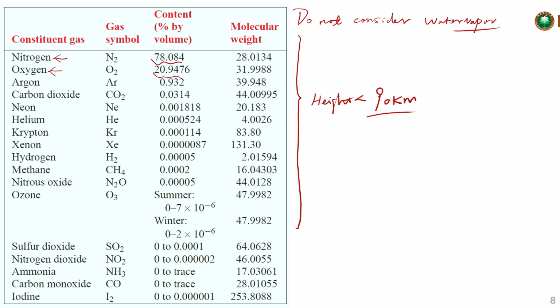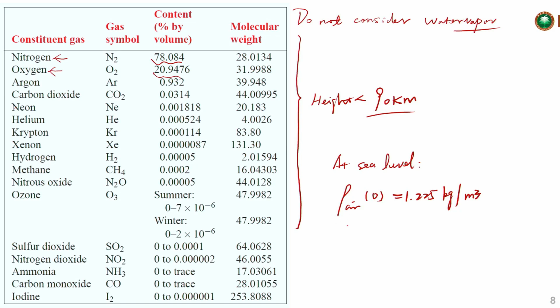So at sea level, where the height equals 0, the air density is around 1.225 kilogram per cubic meter.